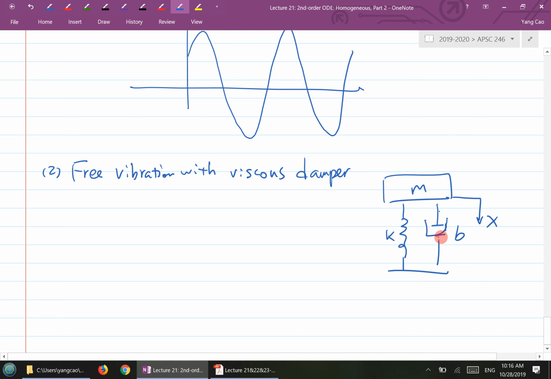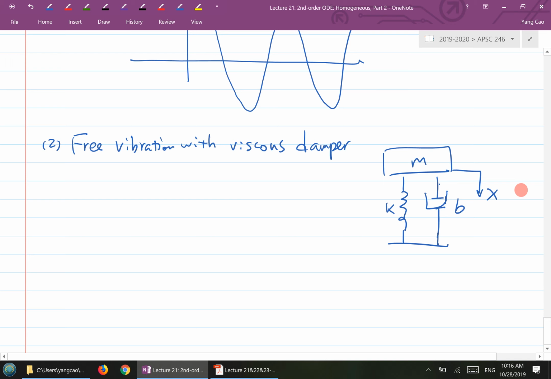As we said, if you look at the hinge of the door, you have this kind of damper system at the hinge to prevent the door from shutting or opening too fast. And for this equation, you can write down the equation of motion: m x double dot plus b x dot plus k x equal to 0. That's a second order ODE.